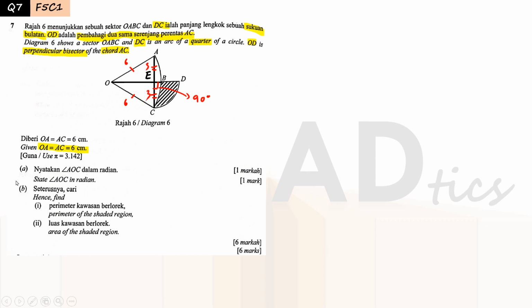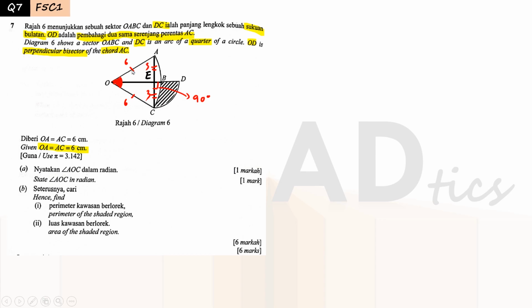Okay, so in part A, we need to find the angle of AOC, which is here. Alright, so to find AOC, if you look closely, this angle is actually inside this triangle, OAC. And if you realize, all the sides of this triangle are the same. So if all the lengths are the same, it means all the angles in the triangle are the same.